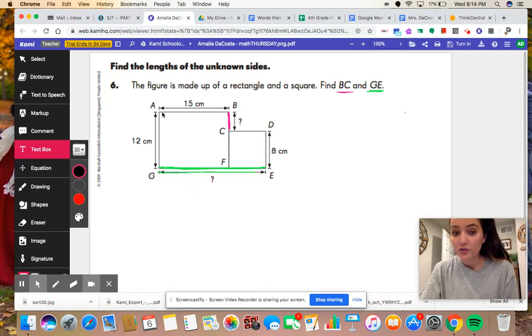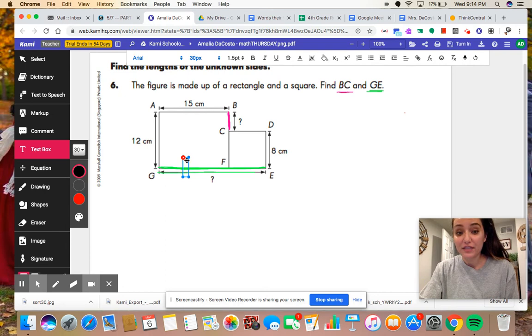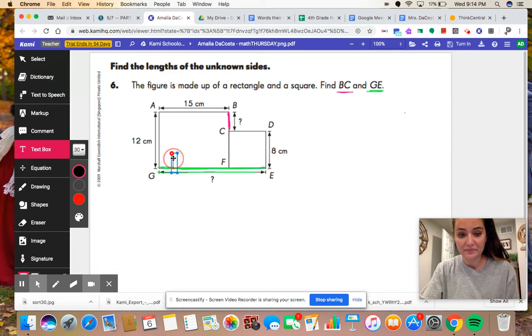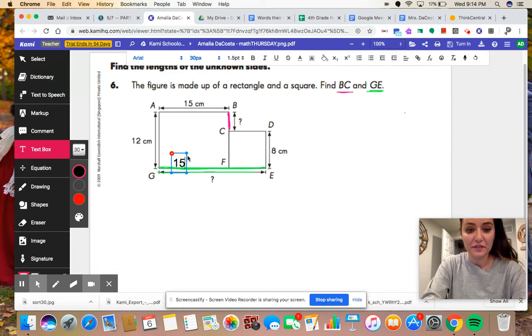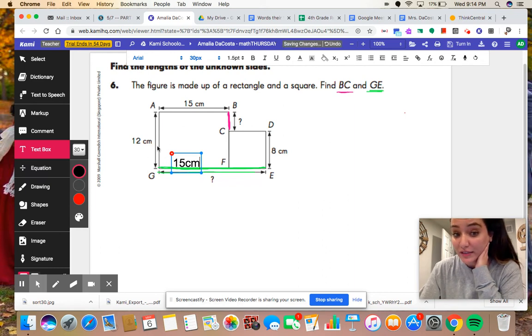So if this side is 15 centimeters, this side has to be 15 centimeters. If this side is 12 centimeters, this side has to be 12 centimeters.